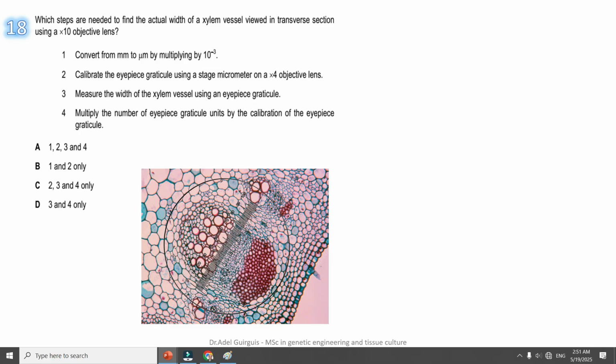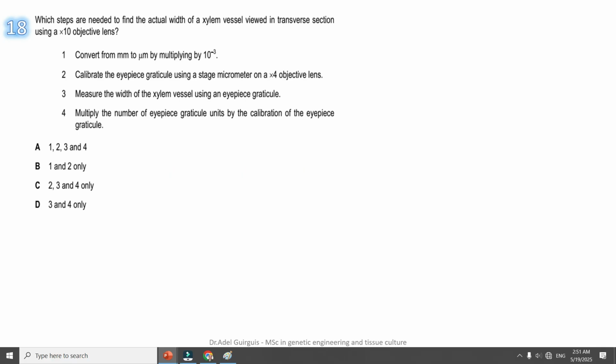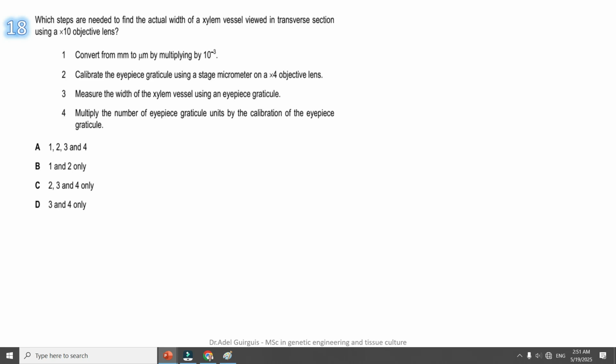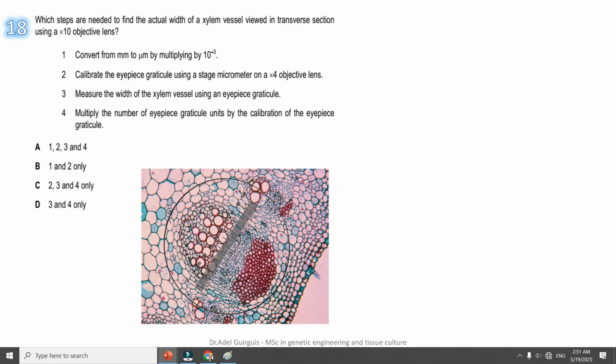It contains many xylem strands with a lot of xylem vessels. Overlaid above it is a scale, called the eyepiece graticule, a scale with many units.